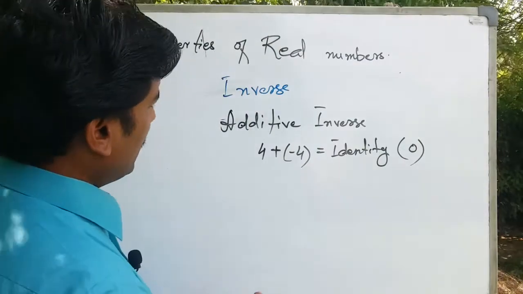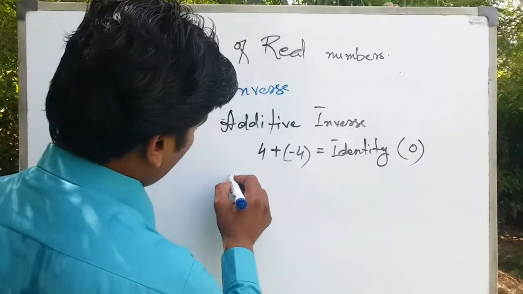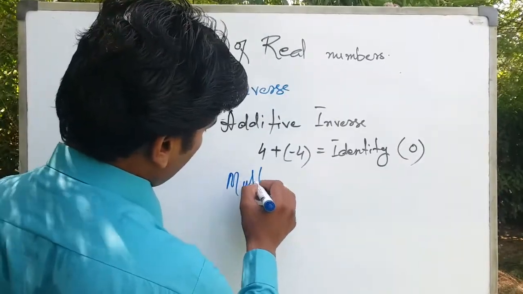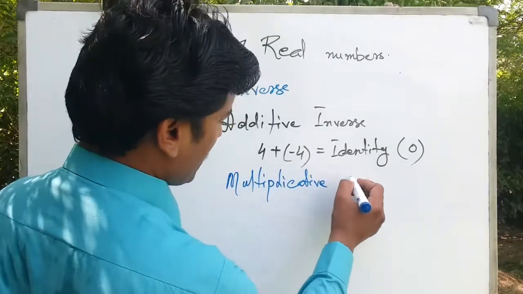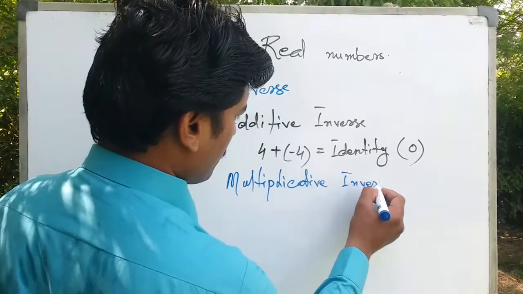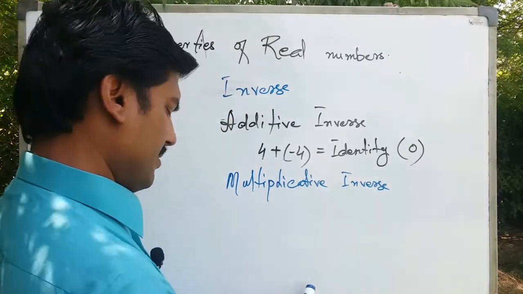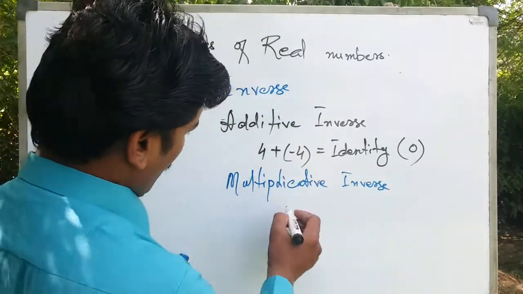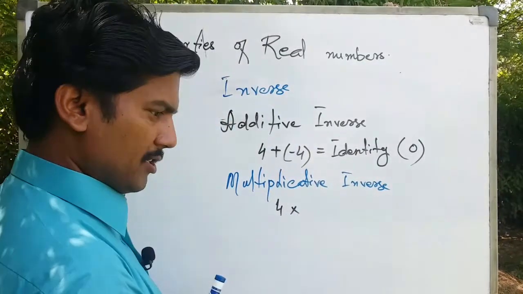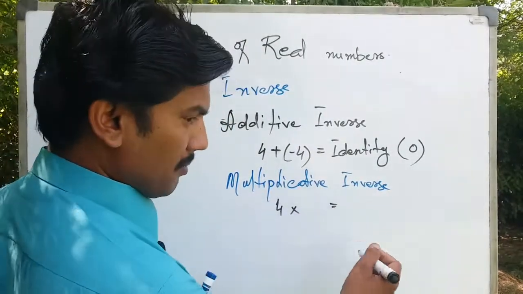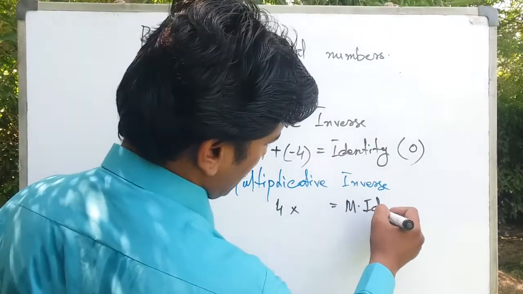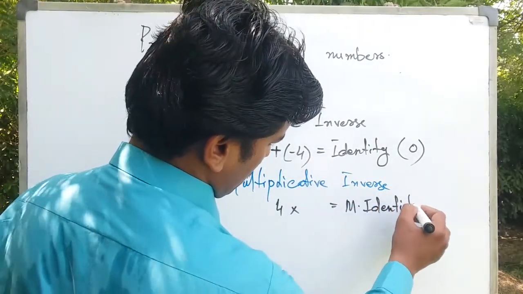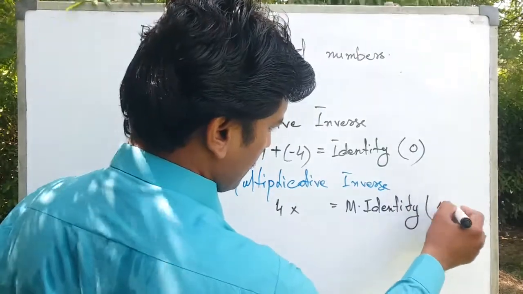And then we have multiplicative inverse. Again I will write 4 and multiplication. Now there should be multiplicative identity, that is 1.